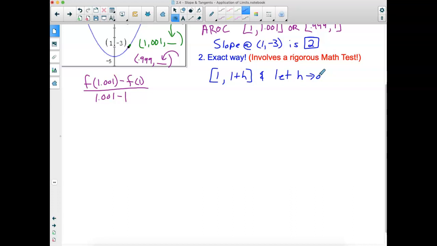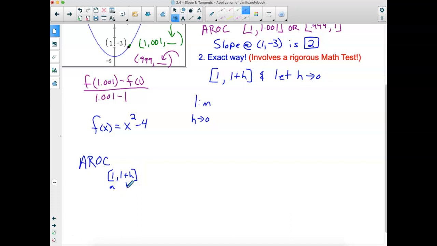So the way we're going to do this is we're going to say the limit as h approaches 0 of, remember, our function f of x actually equaled x squared minus 4. So we're finding the AROC, okay, from 1 to 1 plus h. There's my A, there's my B.